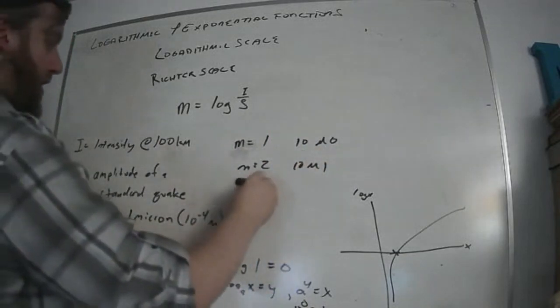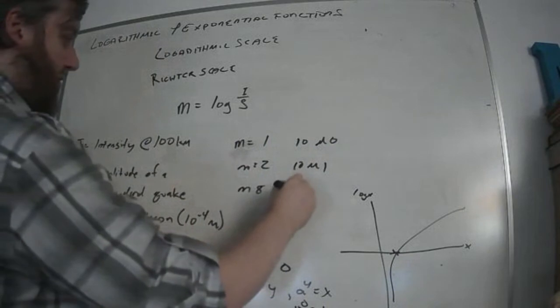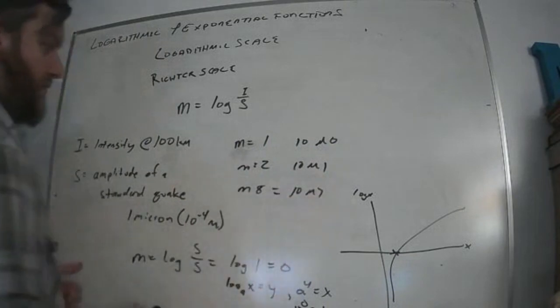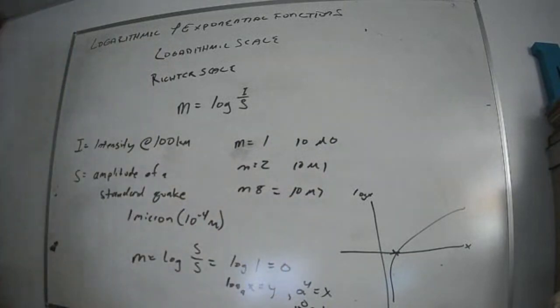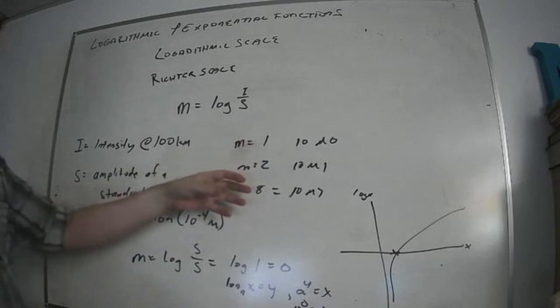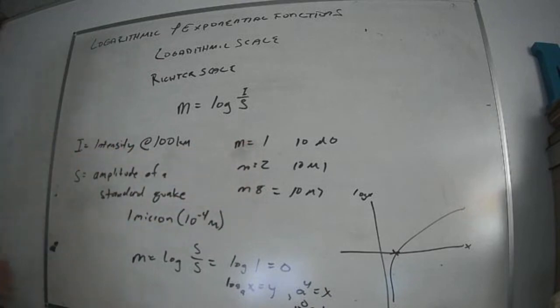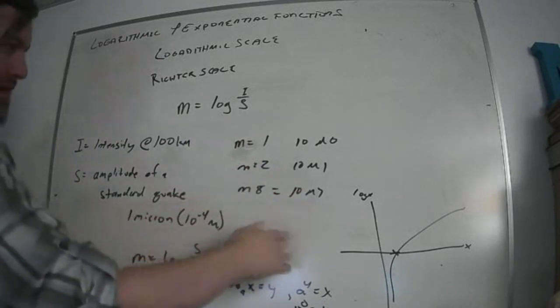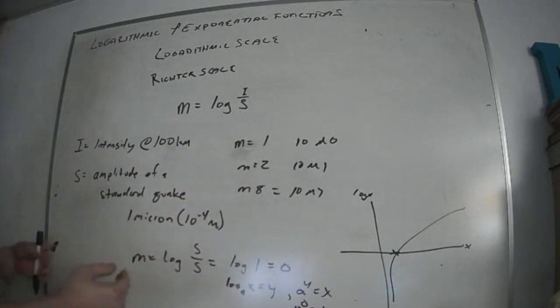That means an M8 is 10 times an M7. So it lets us keep the number on a rational human scale, while also including the fact that the intensities of these are massively different, because they're going by factors of 10 rather than linear increments.